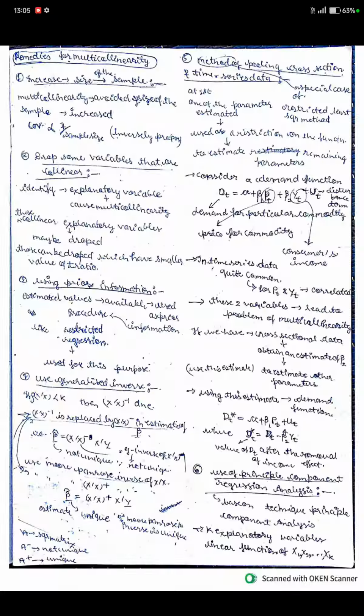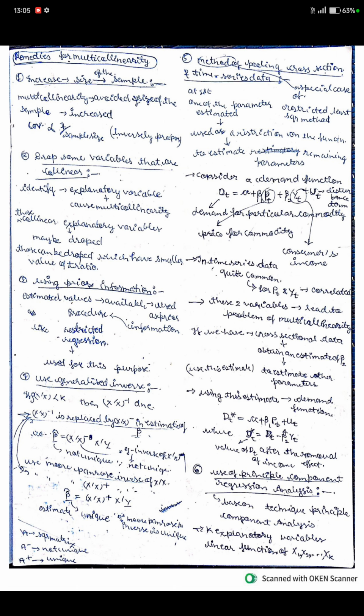Third, using prior information. Estimated values which are available are used as prior information in the procedure, like restricted regression, used for this purpose. Fourth, use the generalized inverse.